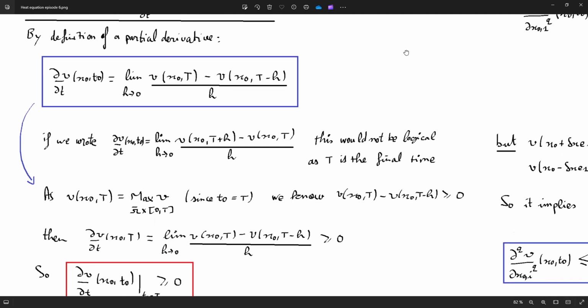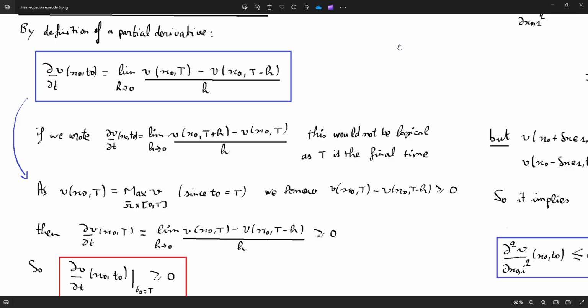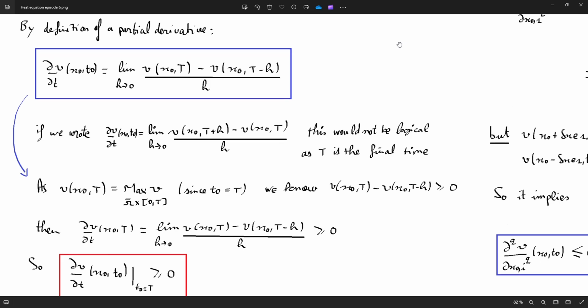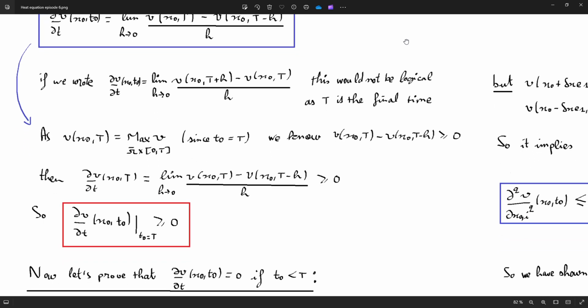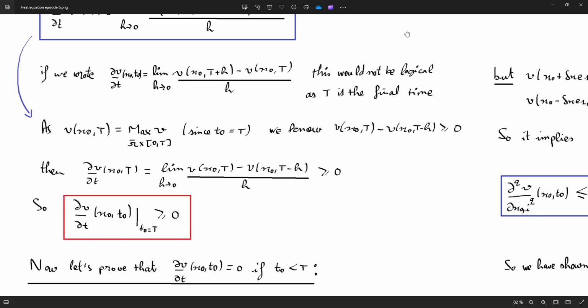We only consider this one-sided definition of our partial derivative, as T is the final time. As v(x0, T) equals the maximum of v on omega bar times 0, T, since t0 equals T, we know then v(x0, T) minus v(x0, T minus h) is greater or equal to 0.